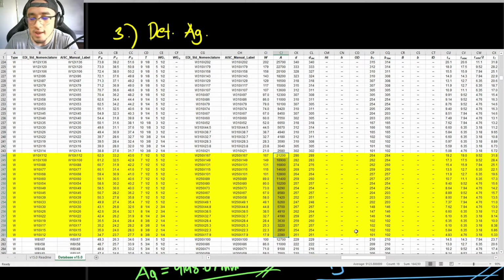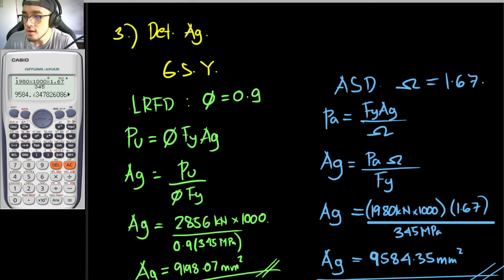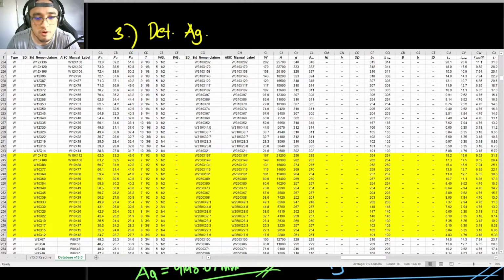So from that, guys, for you to remember, the areas that we would be taking into consideration are 9198 and 9584. Since 9584 is the one that has a higher value, let's use that. Okay, so let's search for the value here nearest to 9584.